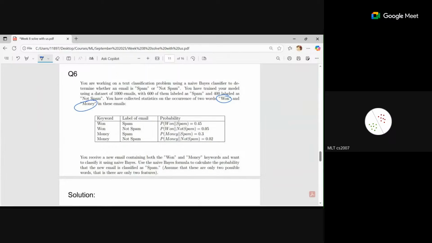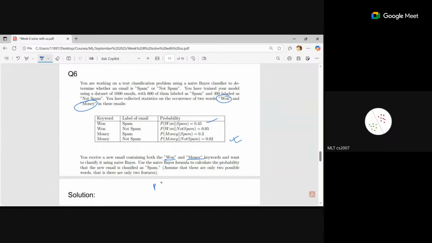And for the keyword one, label of email to be spam, probability is given. This is the information that is known to us. Now let's say you receive a new email which has both the words one and money, and you want to classify it using naive Bayes. Use the naive Bayes formula to calculate the probability that the new email is classified as spam.